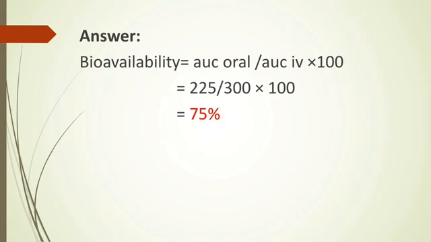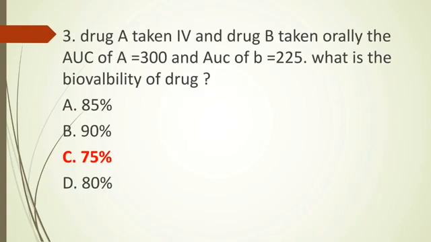So here you have to remember the equation: bioavailability is equal to AUC oral divided by AUC IV into 100. So the correct answer is option C, 75%. So that's about the third question.